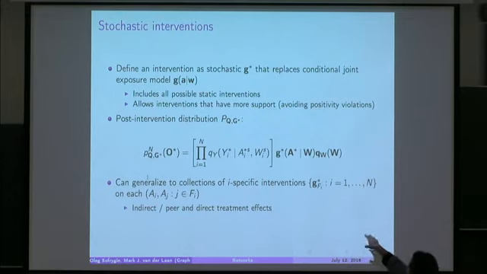Same thing for another unit, G star Fj would define an intervention for j and friends of j. It's important because we have a collection of n of these interventions, and they might not be compatible with a single intervention that would assign certain exposure to the entire population, meaning that there might not exist such an intervention. Nonetheless, it's still a perfectly valid parameter, and it's identifiable.